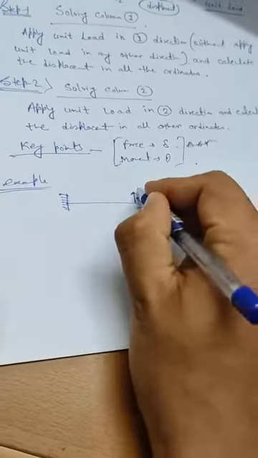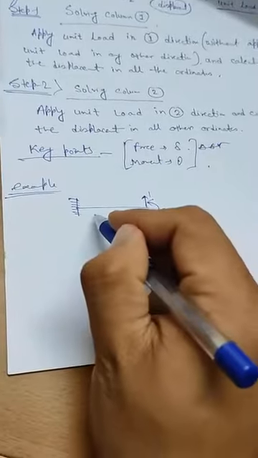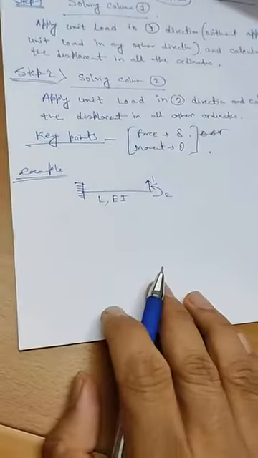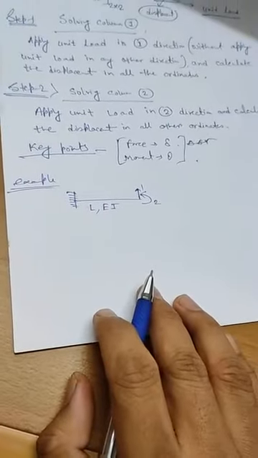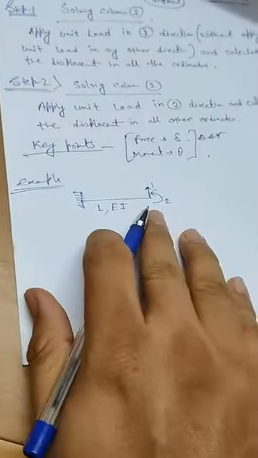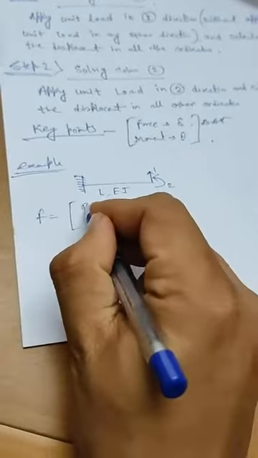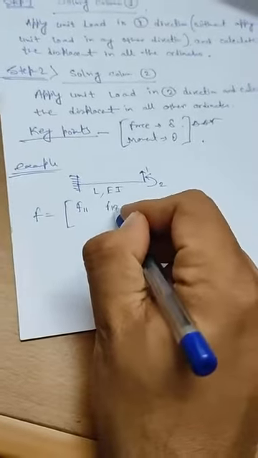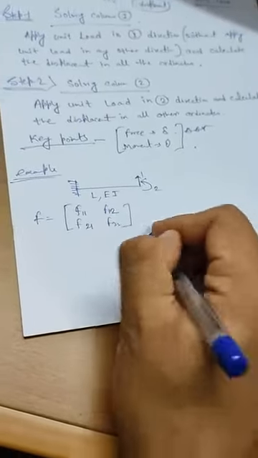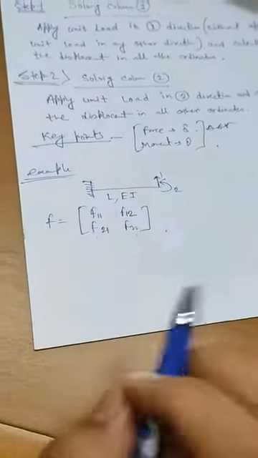This is 1, this is 2, and let the length of the beam be L and the flexural rigidity be EI. To solve this beam problem, we first write down the generalized matrix form: F11, F12, F21 and F22, right? We have to find out individually the values of F11, F12, F21 and F22.